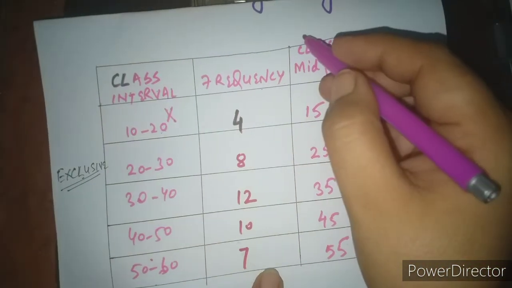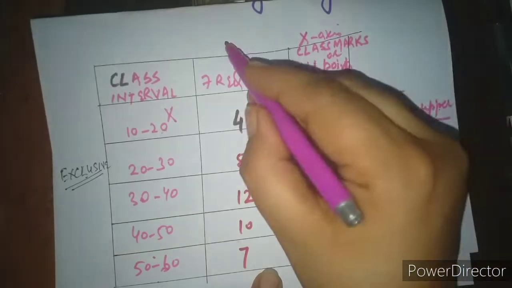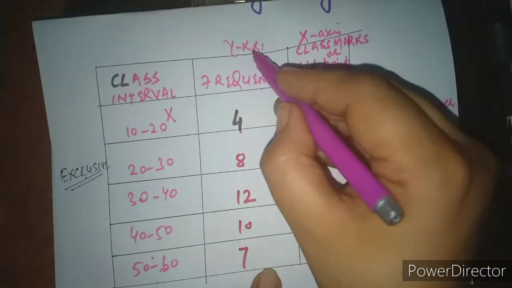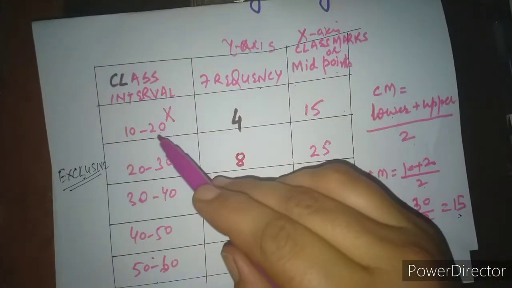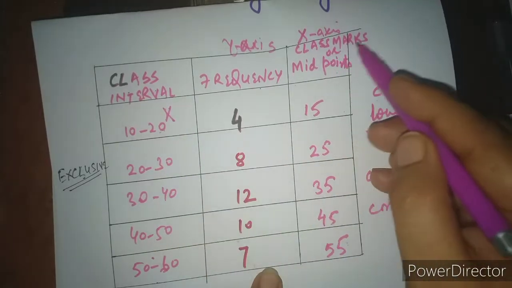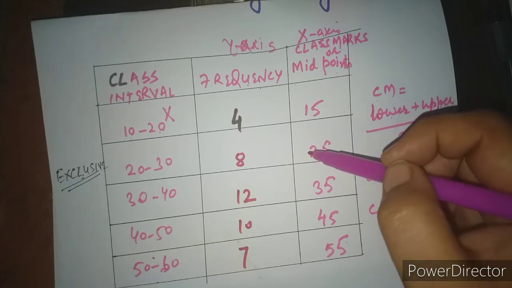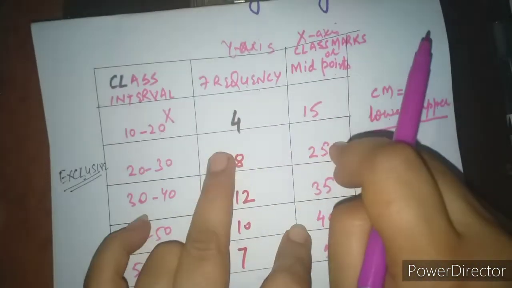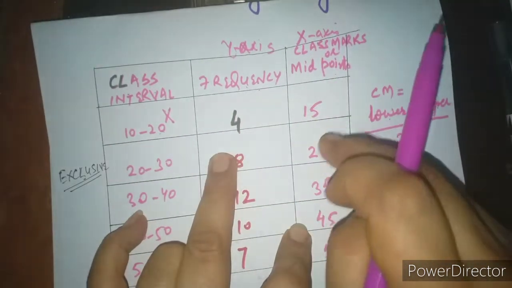Class mark on the x-axis and frequency on the y-axis. Earlier we were taking frequency on the y-axis and the class interval on the x-axis. In place of that, now we will take the class marks on the x-axis and frequency on the y-axis. So we have to plot a frequency polygon using these two columns only. It means that without using a histogram, we have to draw the frequency polygon.